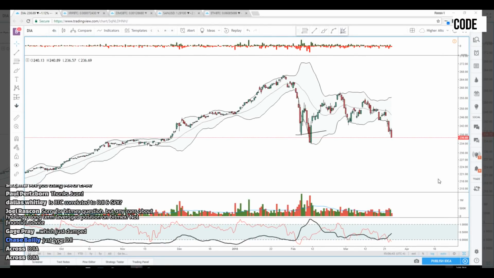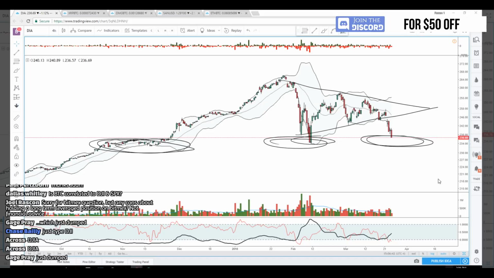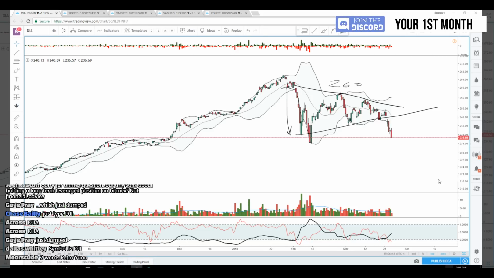So we see here that there's like this pennant symmetrical triangle thing that we just broke out of the bottom of. And it's just slowly bleeding out, and it's coming to test this support level here. But here's the scary thing: this is the big price target. So this is, let's say, 260 up here. Wait, is that right?